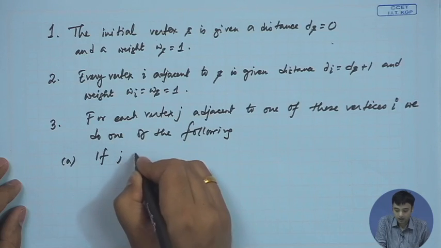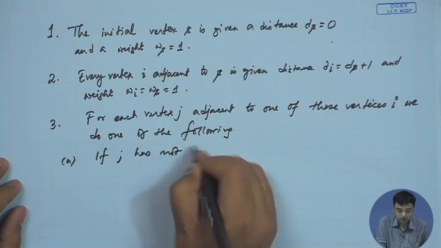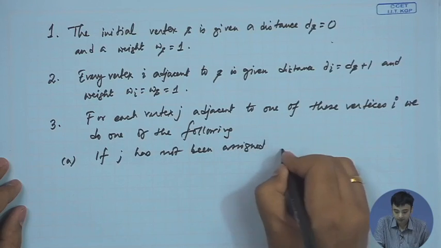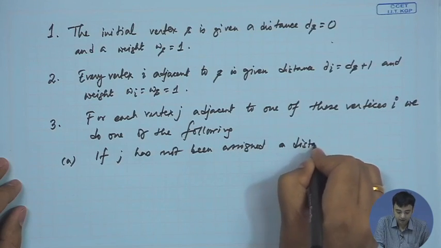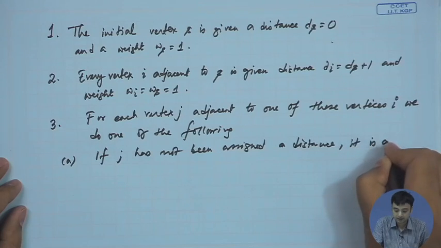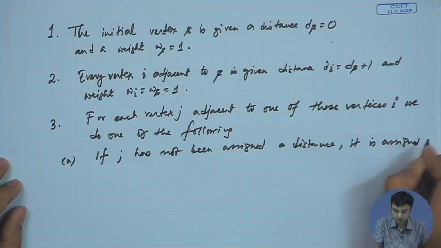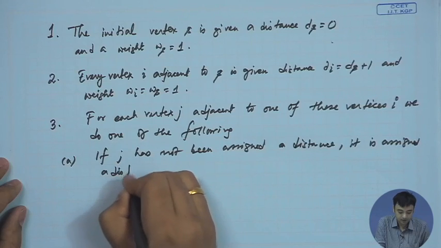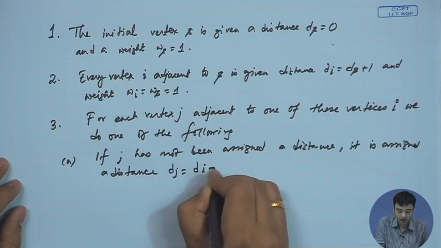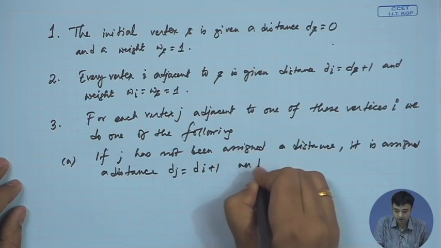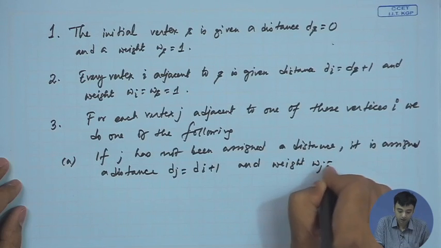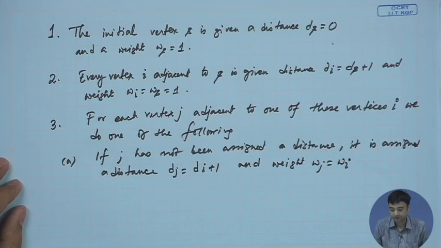If j has not been assigned a distance, that is, j has not yet been explored, it is assigned a distance dj equal to di plus 1 and weight Wj equal to Wi.